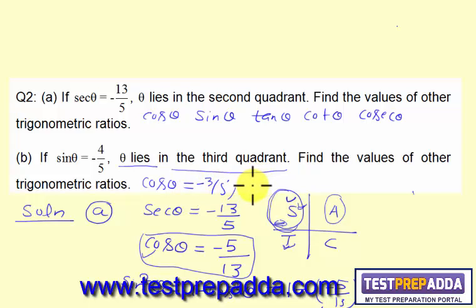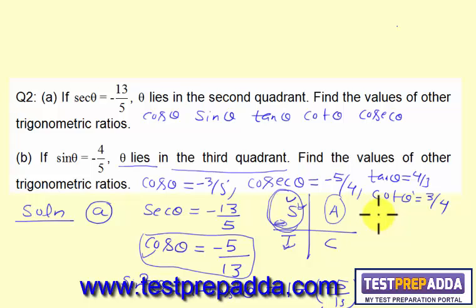If you find cosec theta, it will come minus 5 by 4. If you try to find tan theta, it will come 4 by 3. If you find cot theta, it will come 3 by 4. If you try to find sec theta, it will come minus 5 by 3. So these are the answers for this second B question.